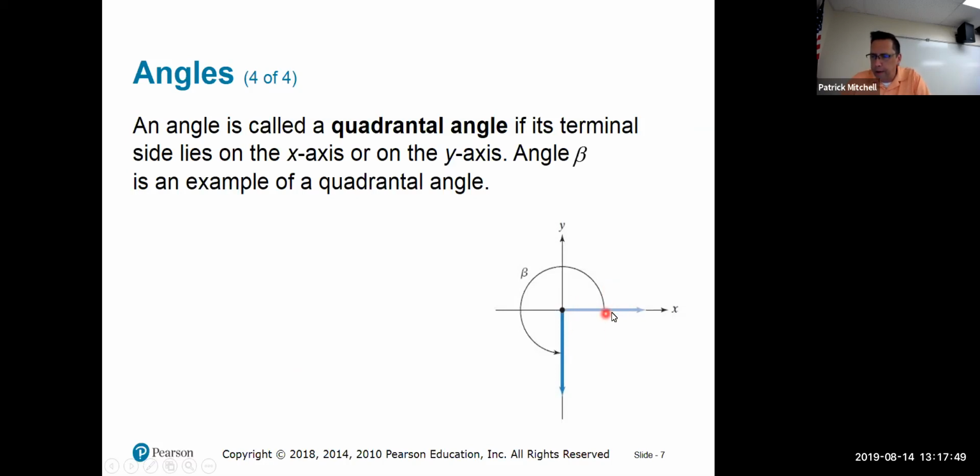So if this was my initial side, that puts me in standard position. If I were to stop here, that would be 90 degrees. I'd be along the positive y-axis. If I stopped here, that would be 180 degrees. Puts me on the negative x-axis. The angle they drew is 270 degrees, and the terminal side of that angle lies along the negative y-axis.